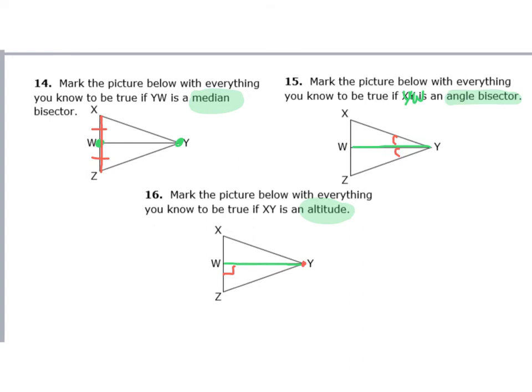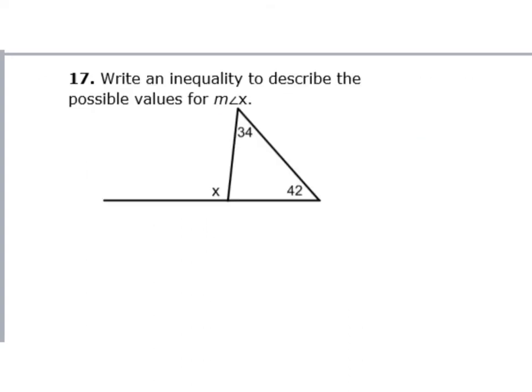Okay? Number 17. Number 17 says to write an inequality to describe the possible values for the measure of angle x. Okay? Well, actually, looking at this picture, I don't need to write an inequality. I can figure out exactly how big x is, because I remember we tore off this corner, remember, and we glued it here.